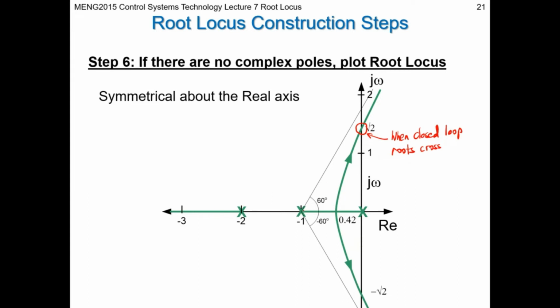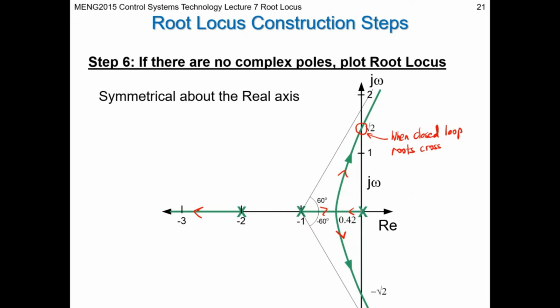We don't have any in this particular example, or they're moving to infinity. So they're moving off along the asymptote, one going up here, the other going down here, right? And this one departing from -2 and heading off along the negative real axis.